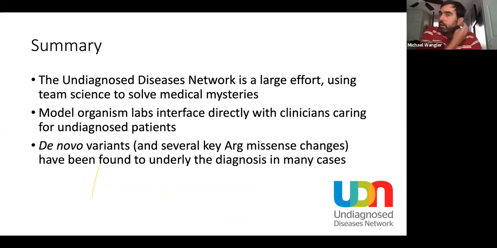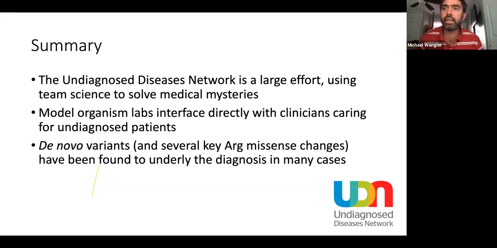But it started me on this thought about these de novo variants, and these several key arginine missense changes, which, as you'll see later in the talk, there's nothing new here. But what's interesting is when we start looking at the function in the model, we can start to see unique functional differences of these residues compared to maybe other mutations.